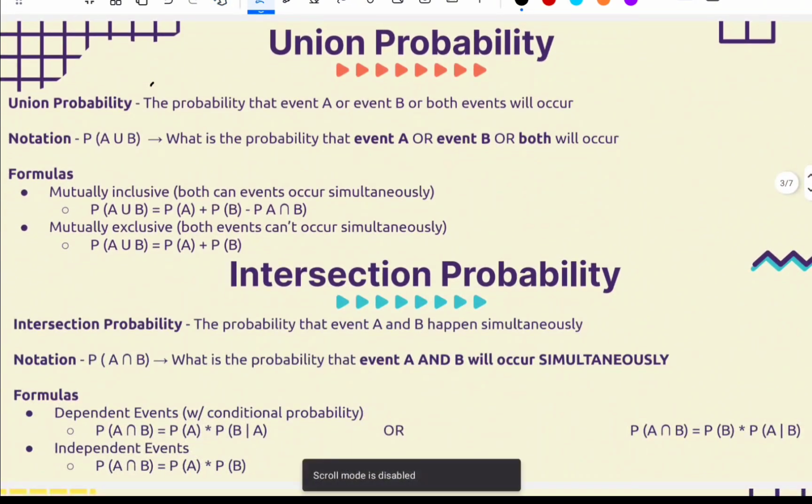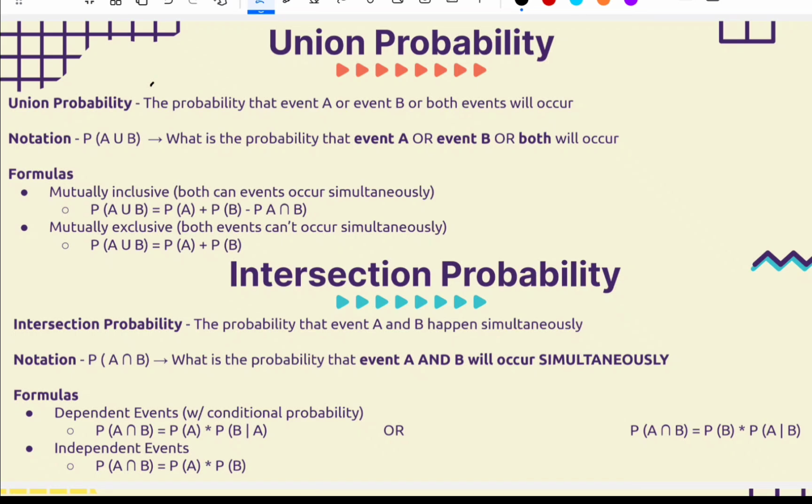Then union and intersection. Union is the probability that event A or event B or both events will occur. You notate that as P(A ∪ B). Again, it's saying what is the probability that event A or event B or both will occur. When you have mutually inclusive events, those are events that can occur simultaneously, meaning they can happen at the same time.